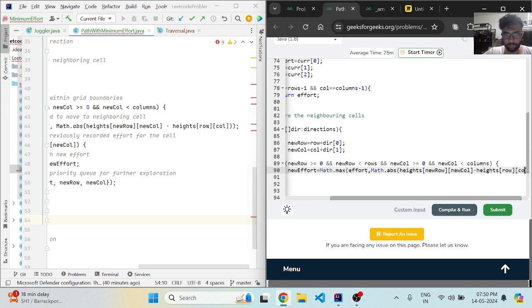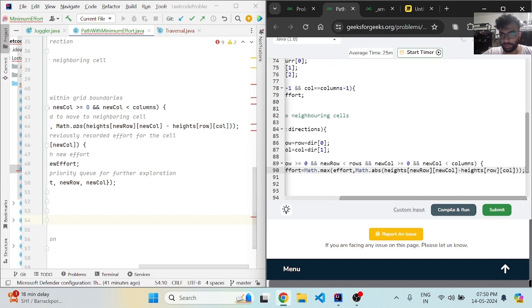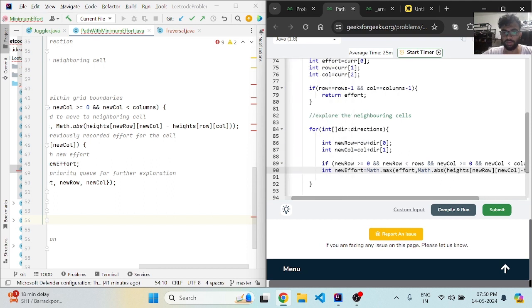Let me quickly check the number of boxes I've completed. Yes, Math.abs is done, and rows and column are also done. So the new effort is calculated over here.